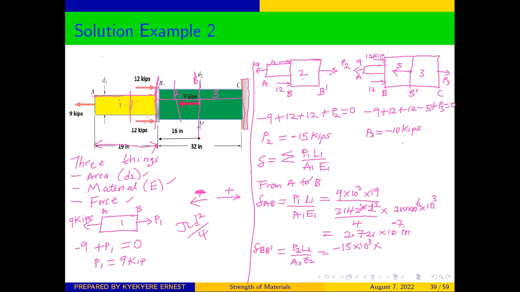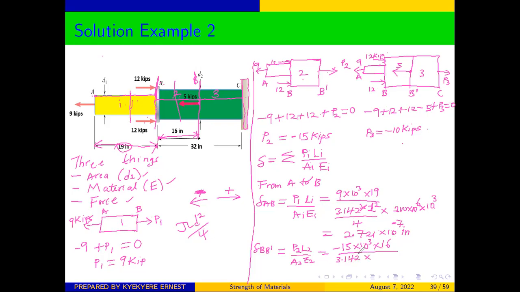Take note, the length of the section, you will not include this 19. The length of the section is only from B to B prime. Don't include the 19. The length is 16 over area.